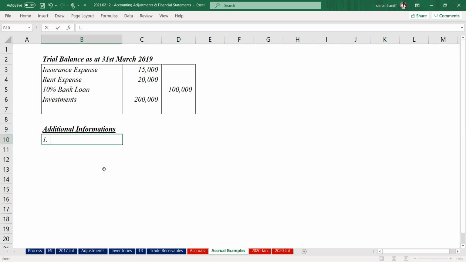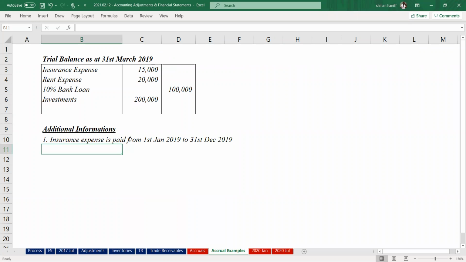Additional information, number one. Insurance expense is paid from 1st of January 2019 to 31st December 2019.